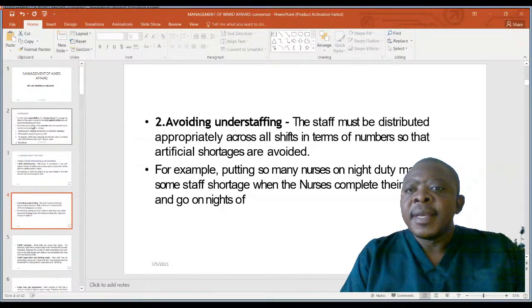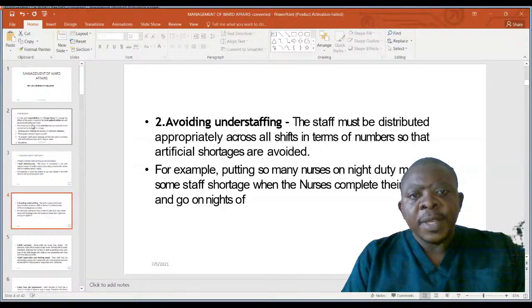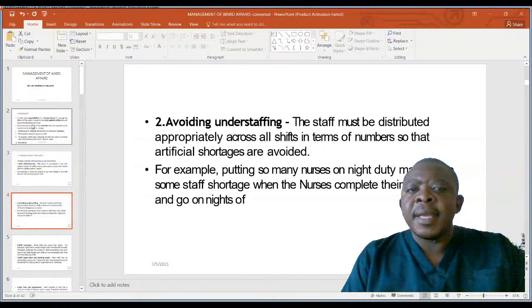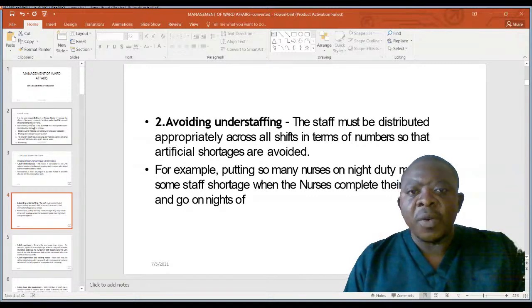The staff must be distributed appropriately across all shifts in terms of numbers so that artificial shortages are avoided. For example, putting so many nurses on night duty may create some staff shortage when the nurses complete their night duty and go on their night off.